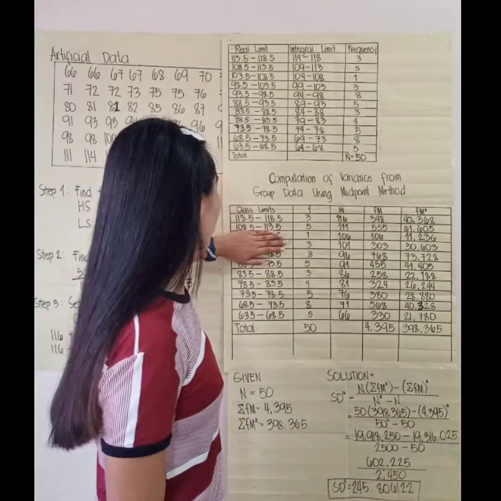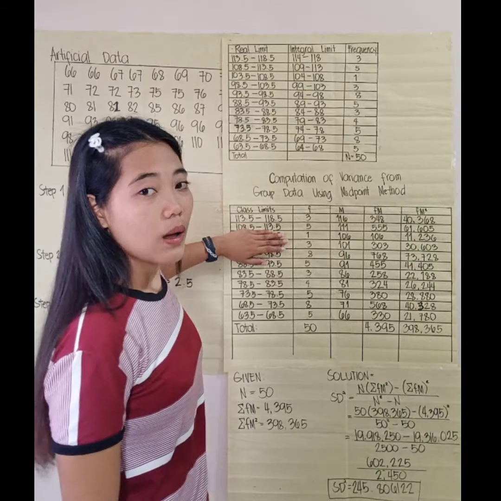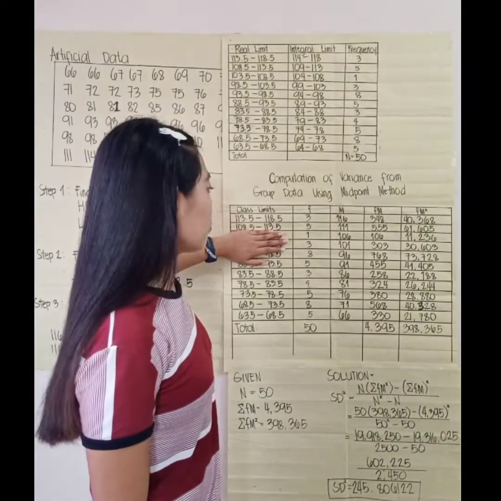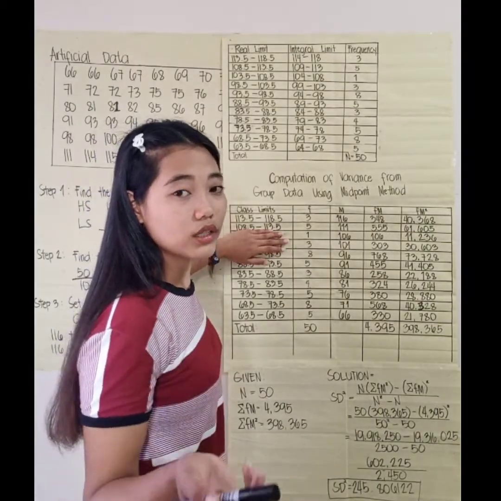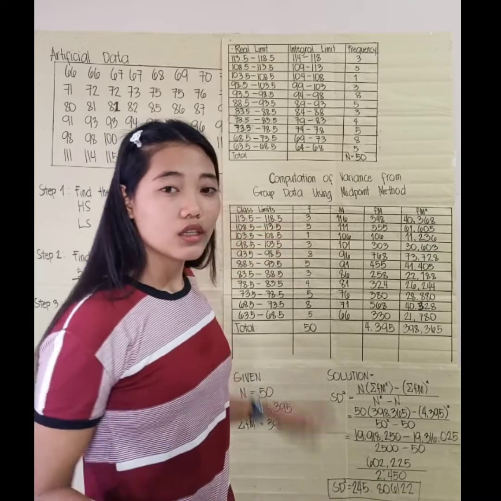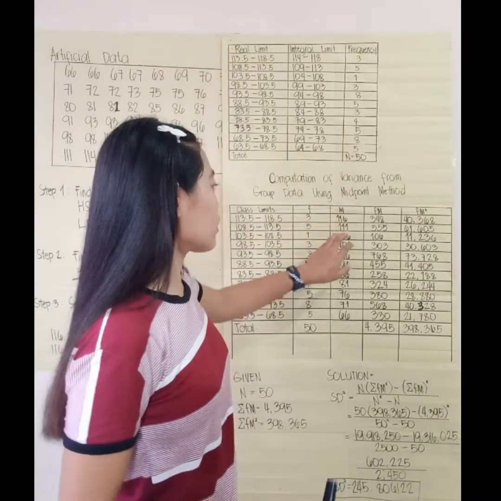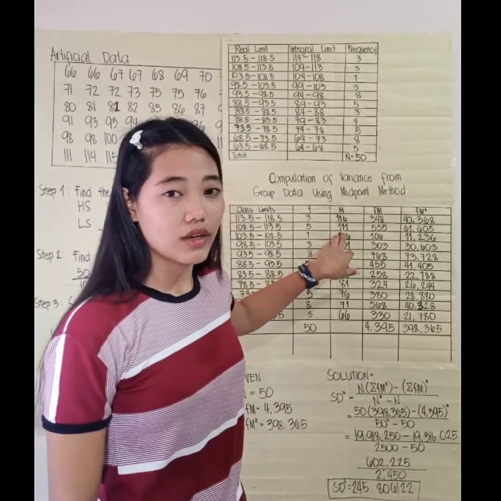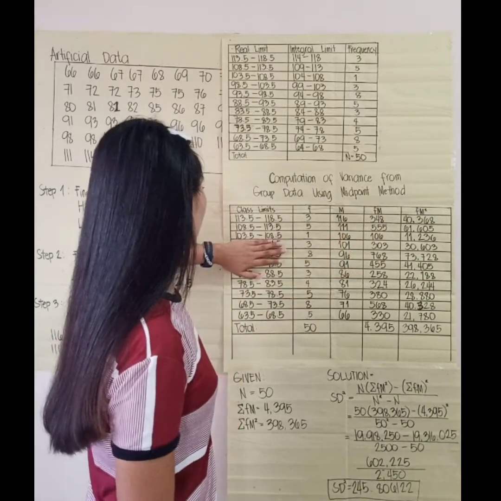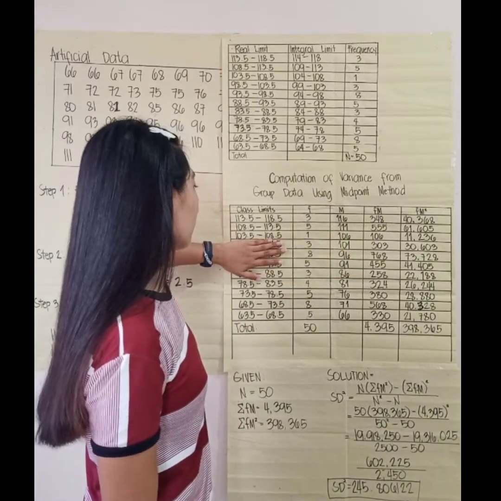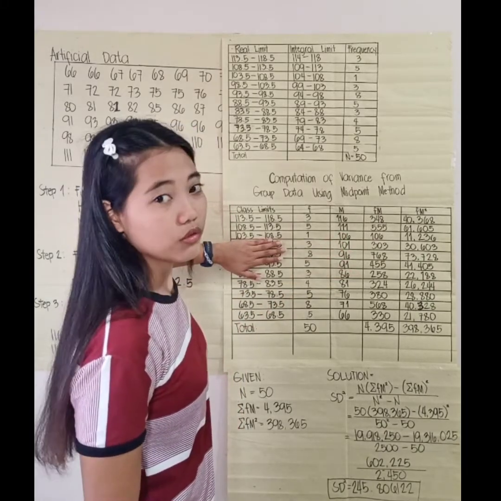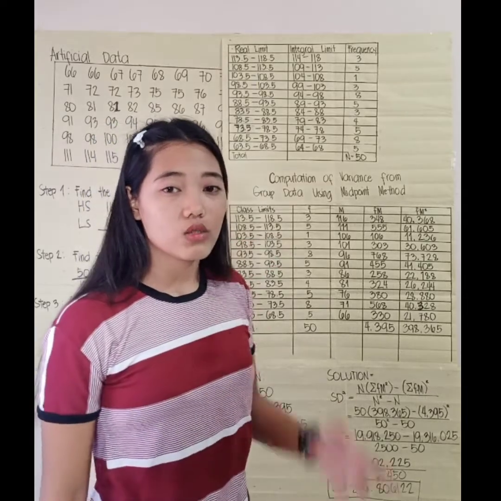Next, the sum of 108.5 and 113.5 is 222. 222 divided by 2, the result is 111. Next, the sum of 103.5 and 108.5 is 212.